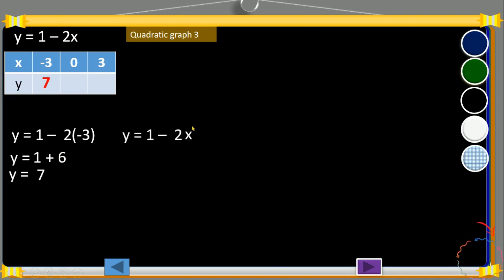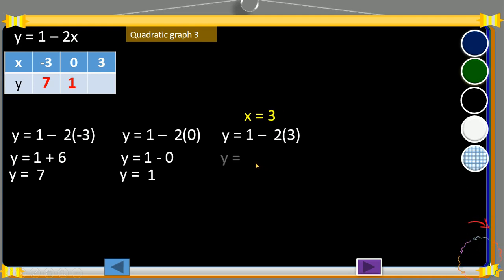When x is equal to 0, we replace x here with 0, and that gives me 1. So y is equal to 1. When x is equal to 3, we replace x with 3, and that gives me 1 minus 6, which finally gives me minus 5. We now have the table for the 3 points required to plot a straight line.